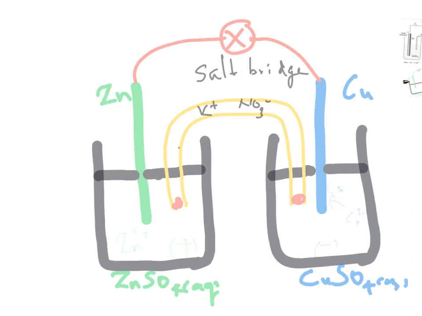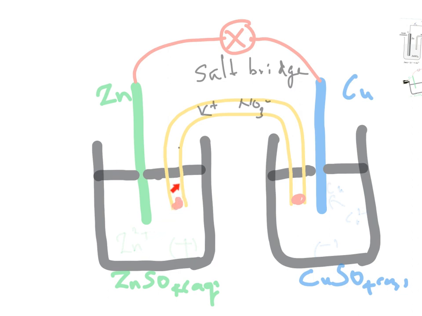So you can see here in your zinc compartment, it builds up positive charge. In the copper compartment, it builds up negative charge. So as we have to neutralize these two solutions, here we have introduced the salt bridge. In the salt bridge, the electrolytes are strong electrolytes, with positive and negative charges, so they can release ions into these solutions.